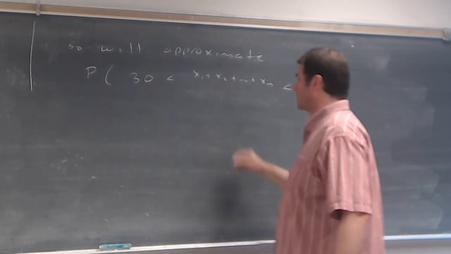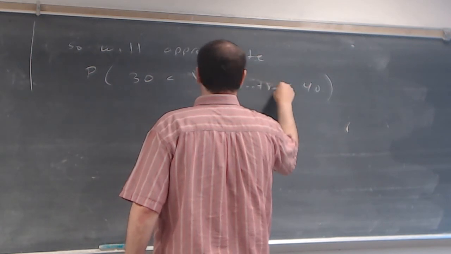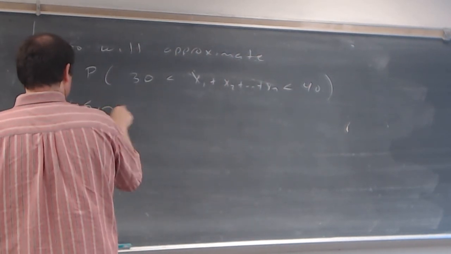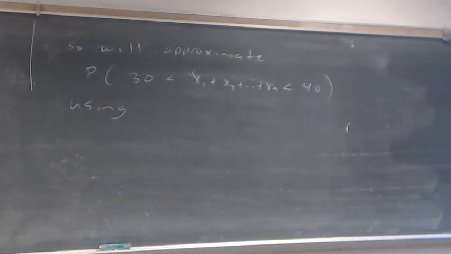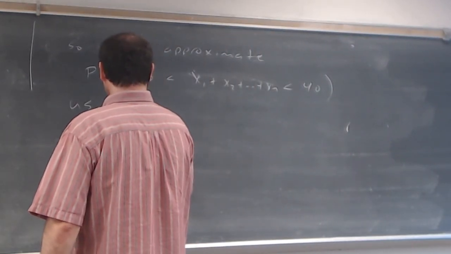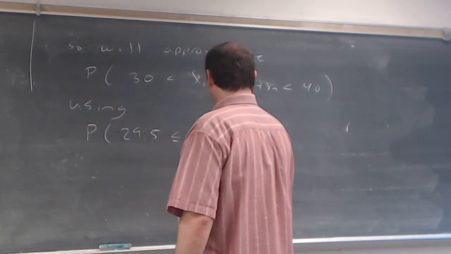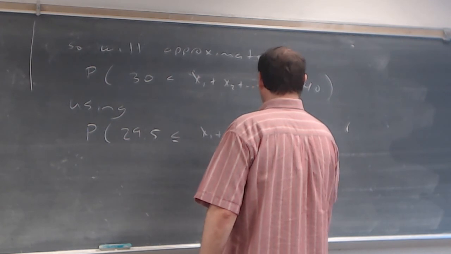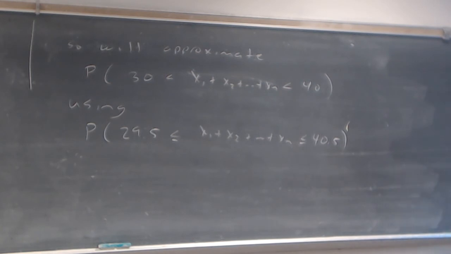Using a continuity correction, the probability that 29.5, so this is just an approximation, is less than or equal to x of 1 plus x of 2 plus x of n, which is less than or equal to 40.5.